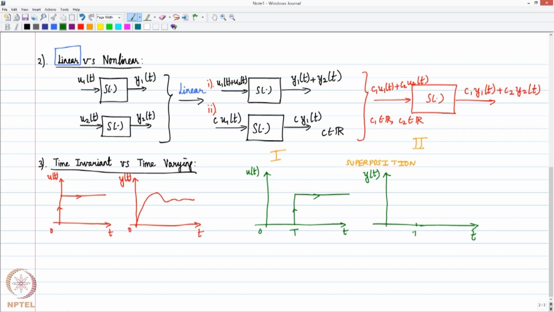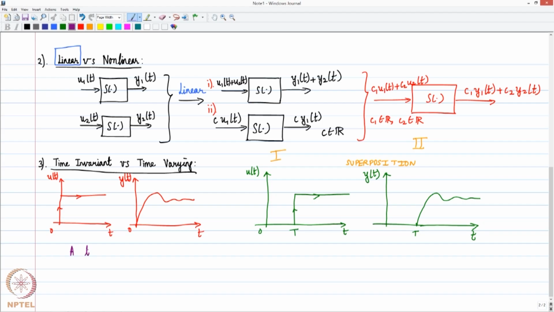If the output is the same function, which is delayed by capital T, then the system is said to be time invariant, right. In other words, the question that we are asking ourselves is, do we get the same output if we provide the same input, no matter at what time we provide the input to the system? If that is the case, then the system is said to be time invariant.